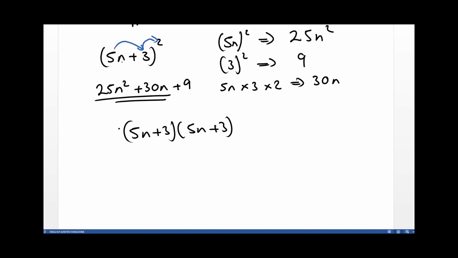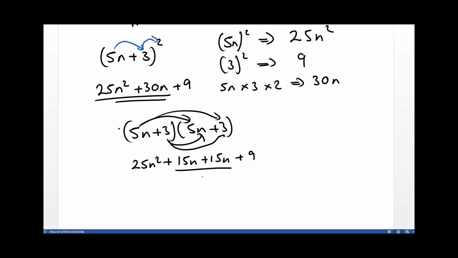I'm just going to draw the arrows so you can see what I'm doing. 5n times 5n is 25n squared. 5n times plus 3 is going to be 15n. 3 times 5n is plus 15n. 3 times 3 is 9.